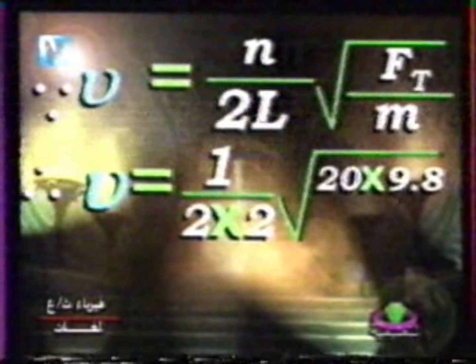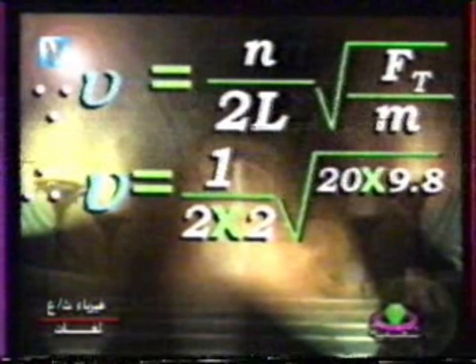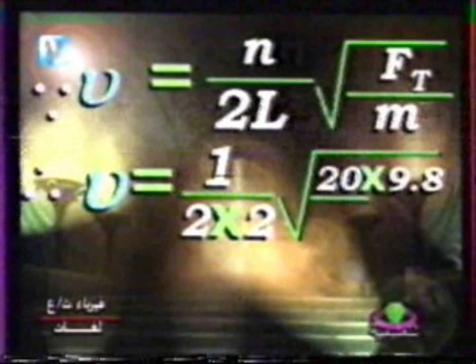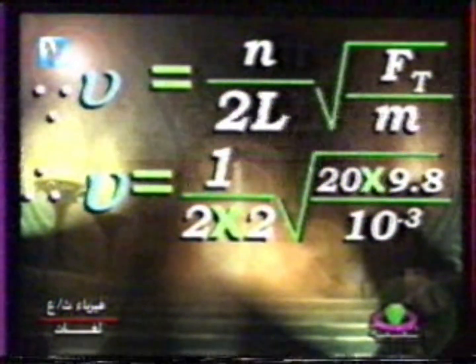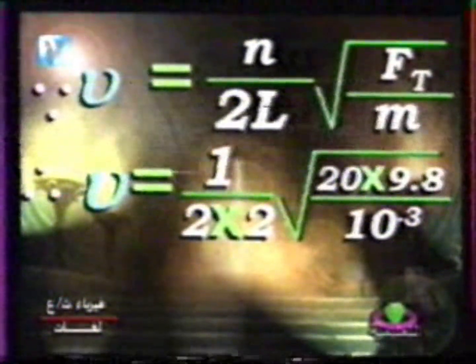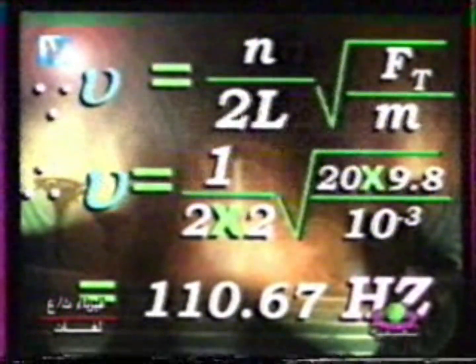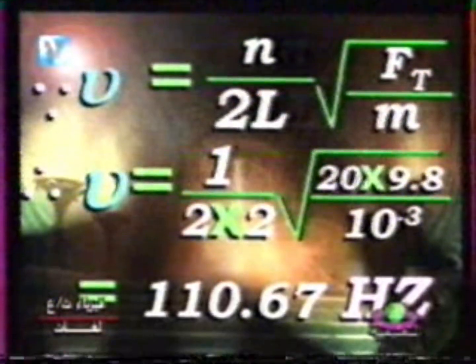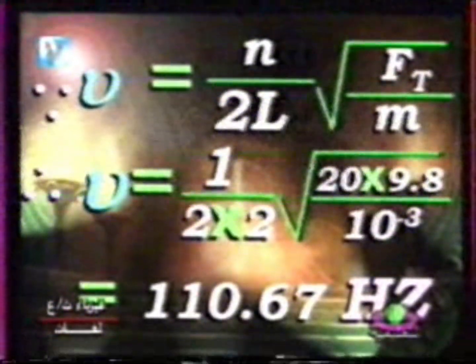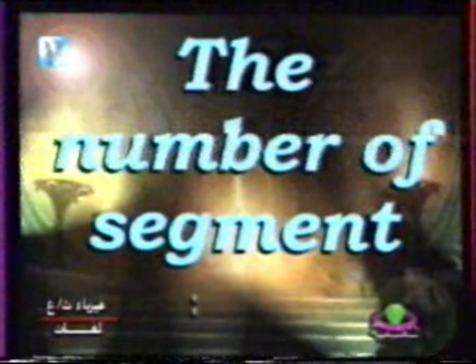We have to multiply it by 9.8 to change it to Newton, over the mass per unit length 10 to the power negative 3. We get 110.67 Hertz.